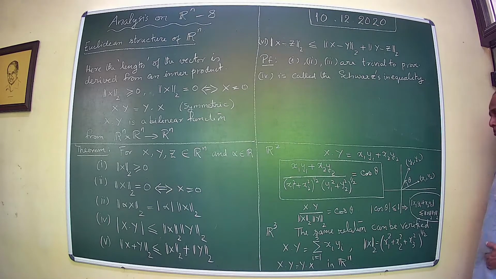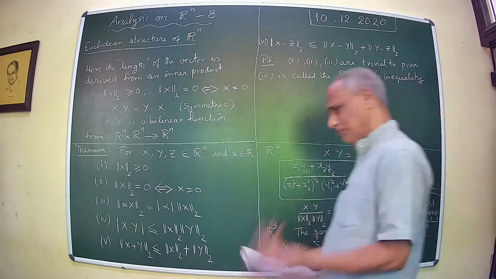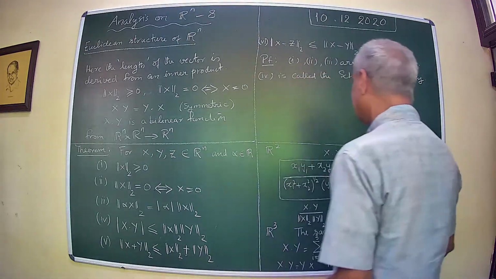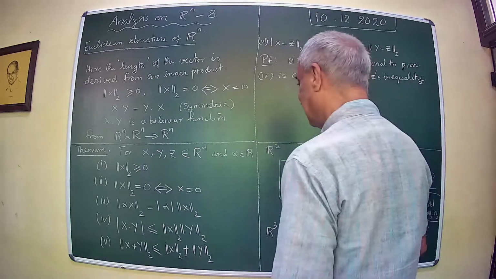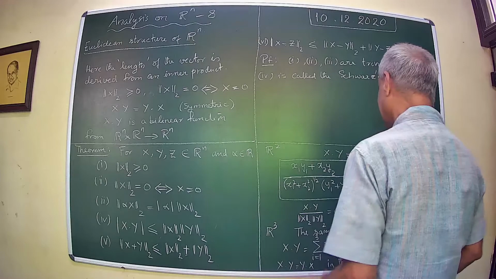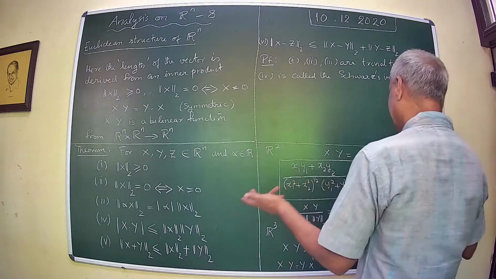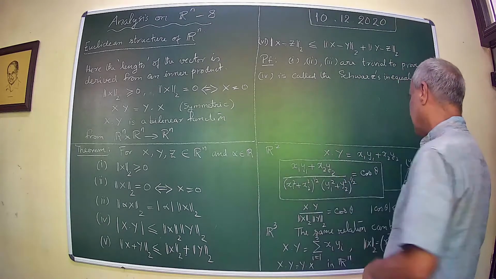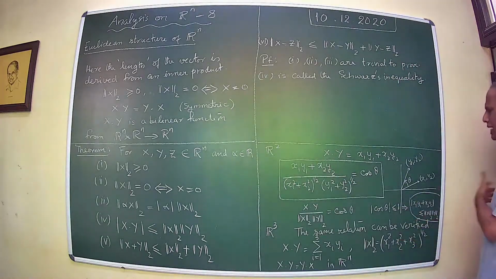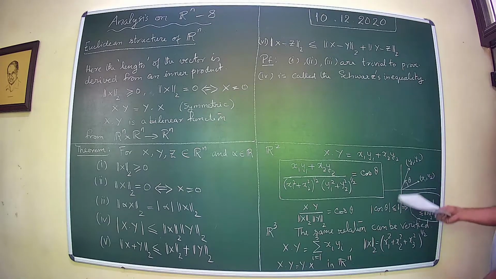Therefore, what you mean by cos theta, all these have no meaning. So you have to define, in that case, cos theta as x dot y divided by norm of x into norm of y. This is just going for a generalization. But the more right thing is, you see whether this particular inequality will be valid or not.